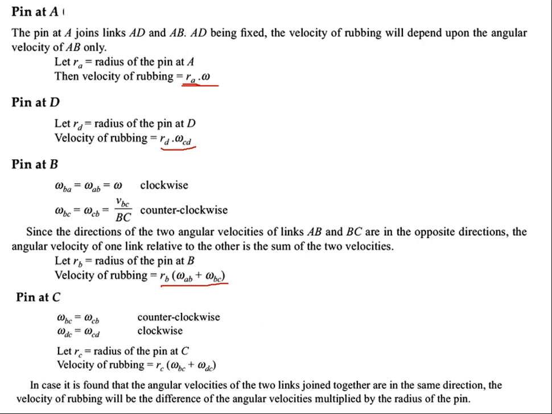Whereas C is also having a combination from BC and then another CD part. So here also the velocity of rubbing will be RC into omega BC plus omega DC.